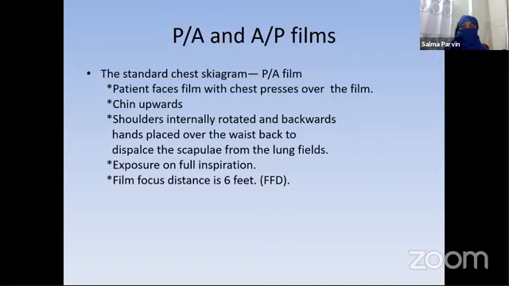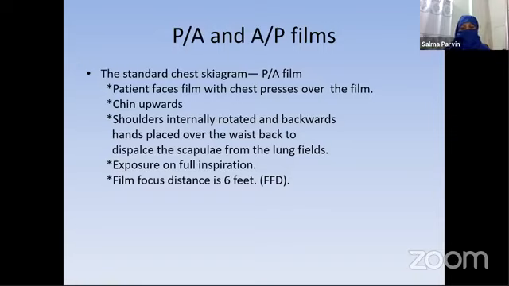So AP films are far, far more important and demand the doctor's concentration multiple times more than a PA film. So whenever we get an X-ray film exposed, whether it is PA or AP, we must decide earlier.